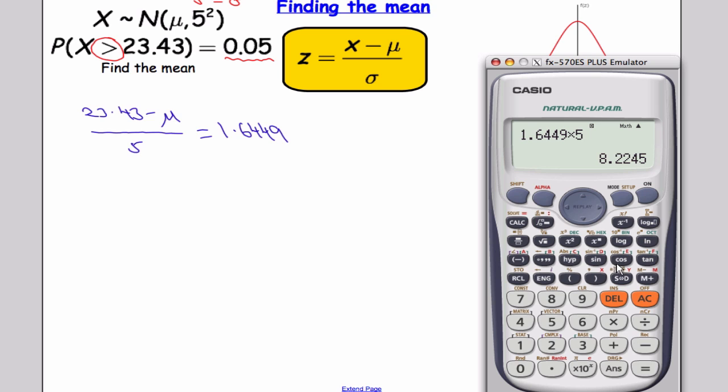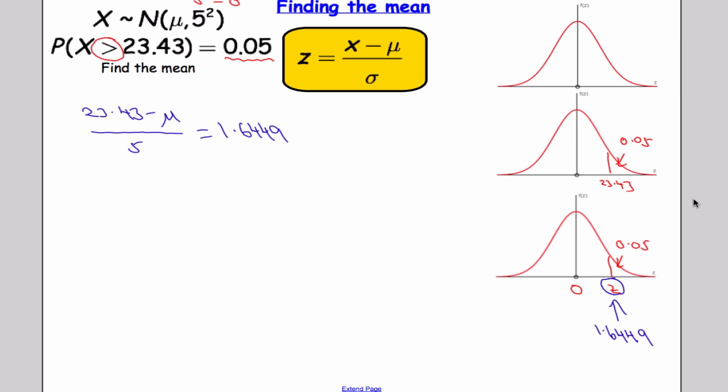That gives me 8.2245, and that's equal to 23.43 minus the mean. Okay, so now what I'm going to do is bring the mean over to this side and bring 8.2245 over to the other side.